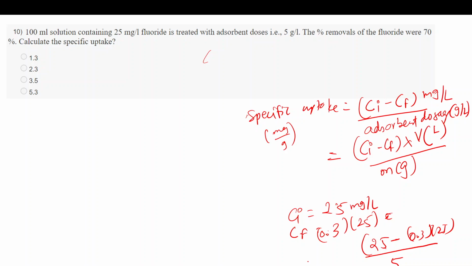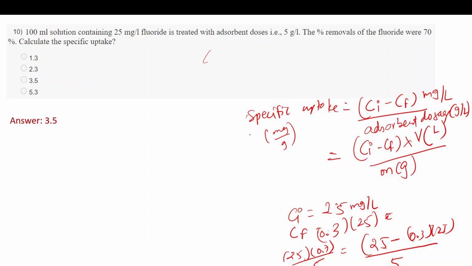You can take 25 common, so it is 25 into 0.7 divided by 5. Solving this, the answer is 3.5 milligrams per gram.